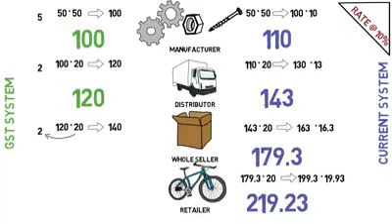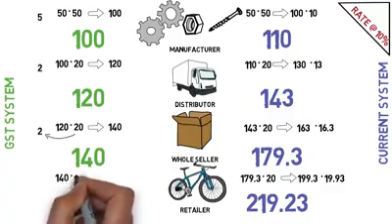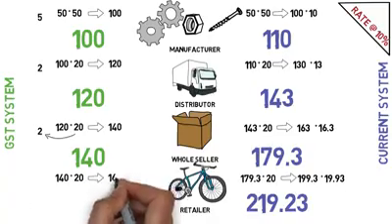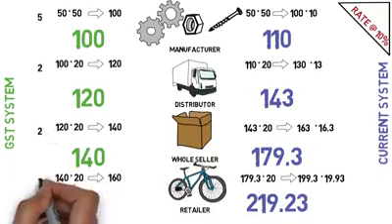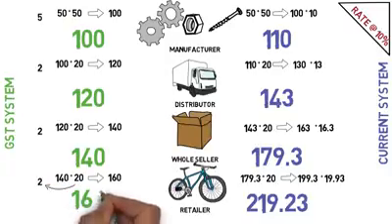The retailer buys the product for 140 rupees, adds profit of 20 rupees, pays the taxes of 2 rupees on his profit of 20 rupees and raises the final consumer price to 160 rupees. So, if the prices are compared, the product is 59.23 rupees cheaper in the GST system than the current system.